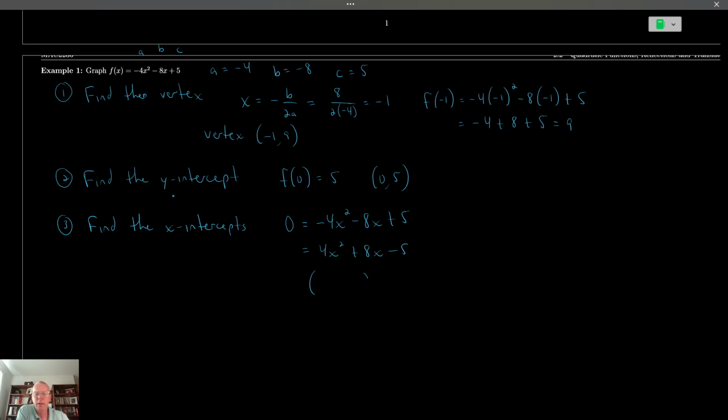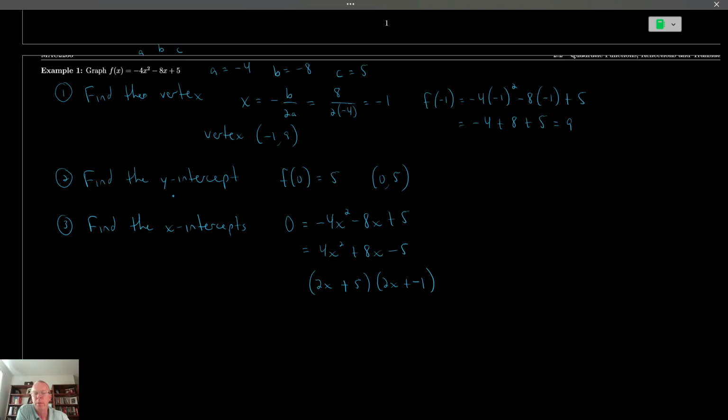Let's see, we're just going to trial and error this. We're definitely going to have a negative 5 and a plus 1 to make that negative 5. Then let's try 2x and 2x. And actually we need to do a plus and a minus there.